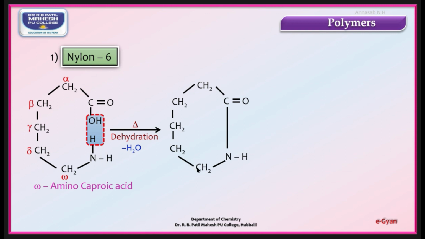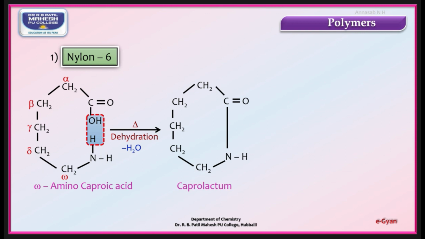So there are total 6 carbon atoms. Out of 6 carbon atoms, there are 5 CH2 groups and 1 is C double bond O carbonyl group. You can call it now as ketonic group, and this is NH group, that is amine, and the bond formed between CO and NH is called as amide linkage, and the name of this 7-membered ring is caprolactam.